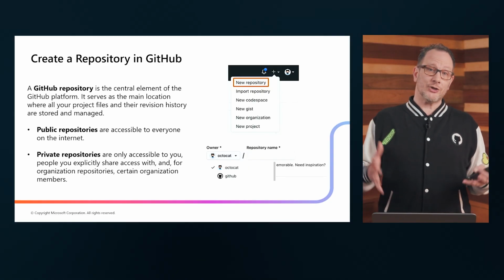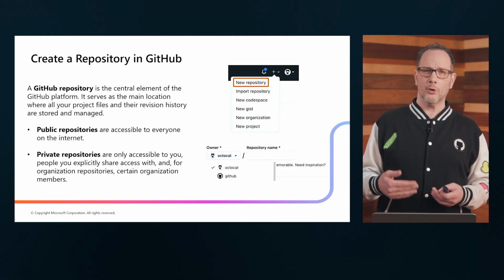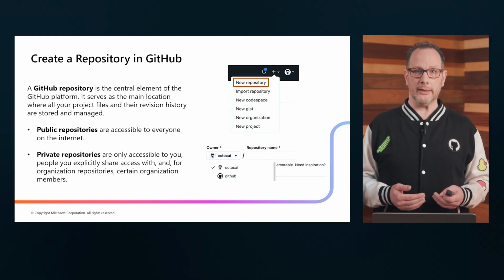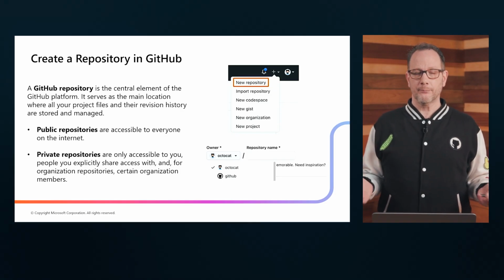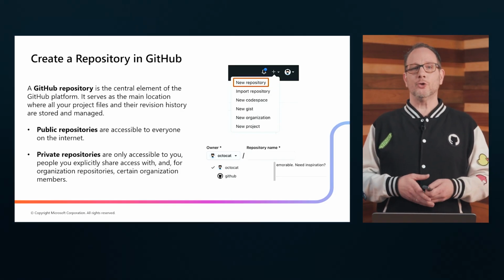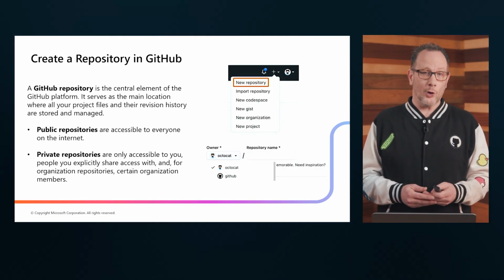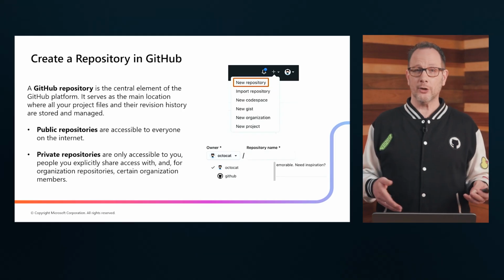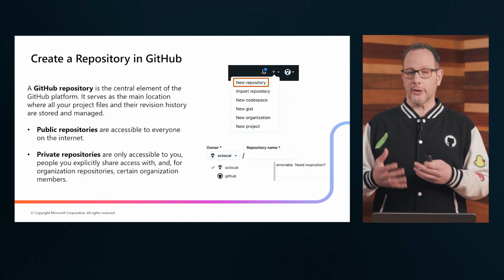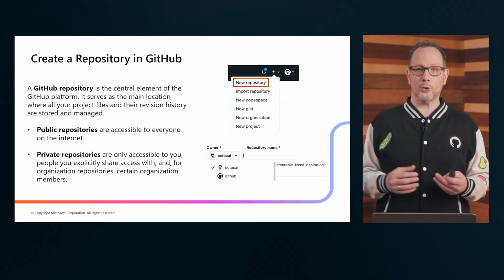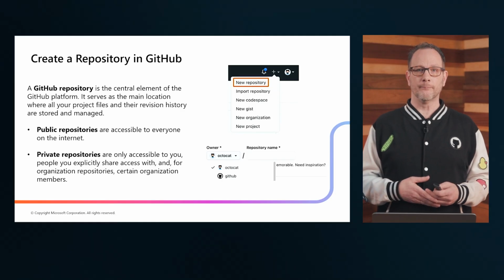So one of the first decisions to make when creating a repo is the visibility, or better said, its accessibility. Why? Because we have public and private repos. Public repos are open to everyone on the internet and are super great for open source projects, sharing knowledge and building a portfolio. Private repos, on the other hand, give you full control over who can see and collaborate on your code.